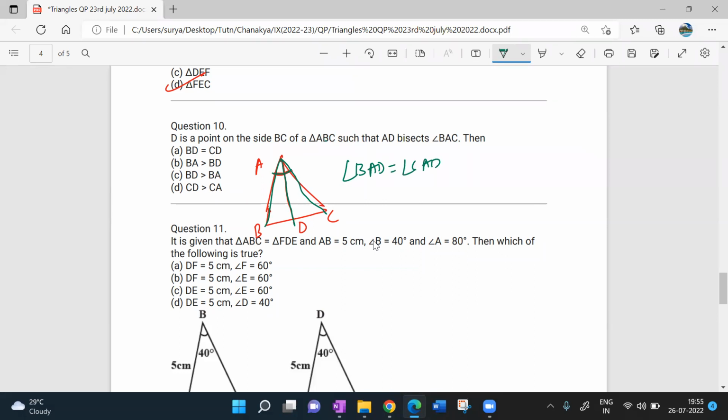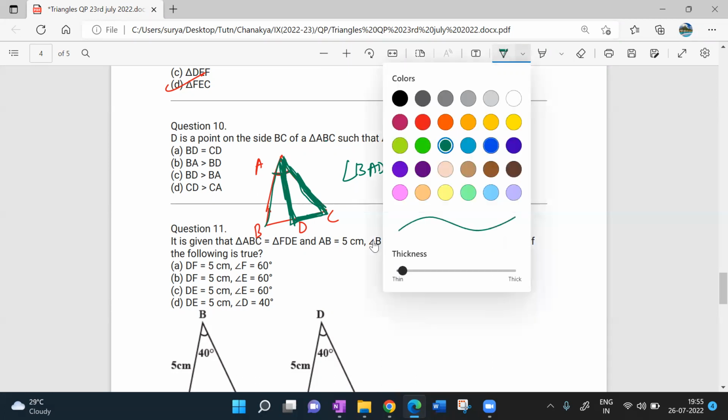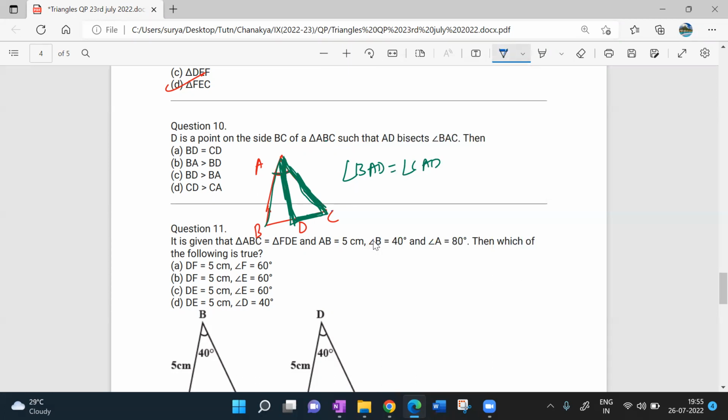That's it. Now, BD is equal to CD. If you look at this triangle, BD is equal to CD, right? In triangle ACD, beta, ADC is 90, perpendicular.